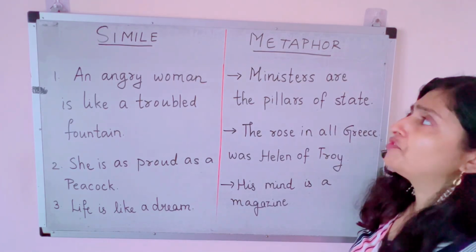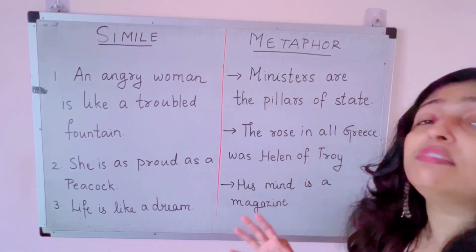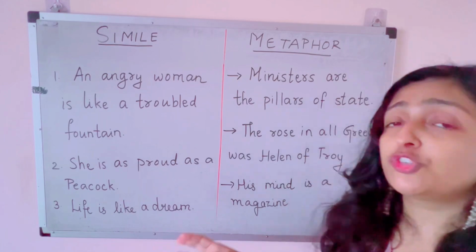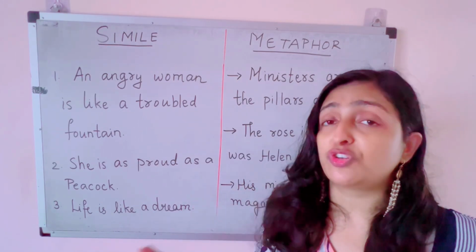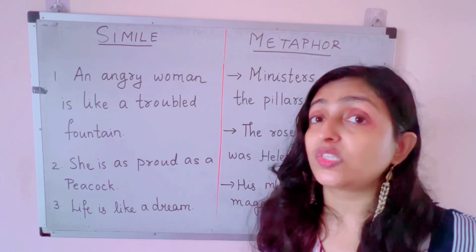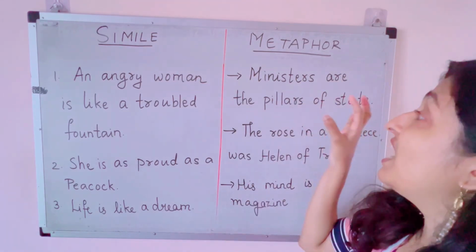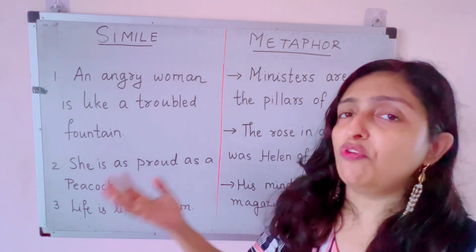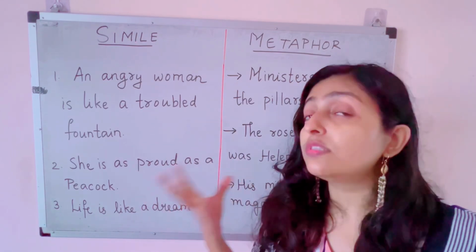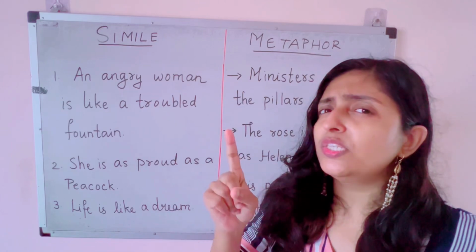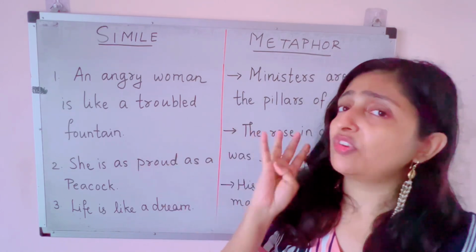Next is metaphor. Ministers are the pillars of state. To emphasize how important they are for the structure of the country and the society, they are the pillars of state. As I mentioned earlier, the keywords in metaphor are is, are, was, were.